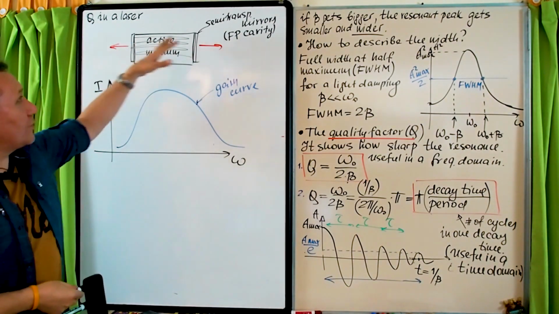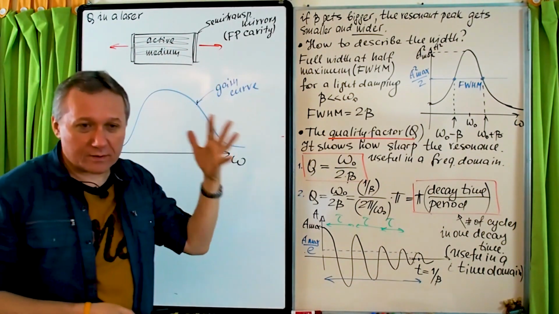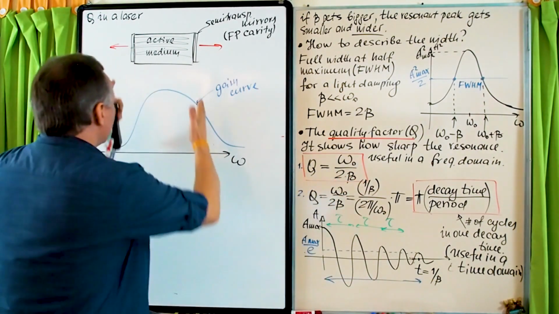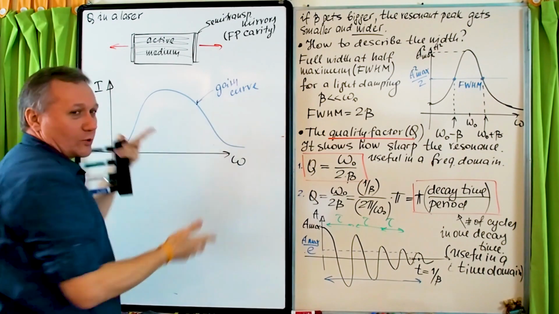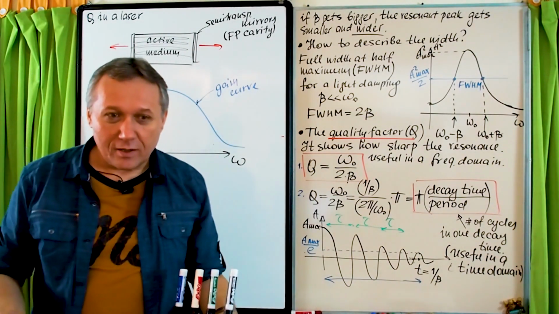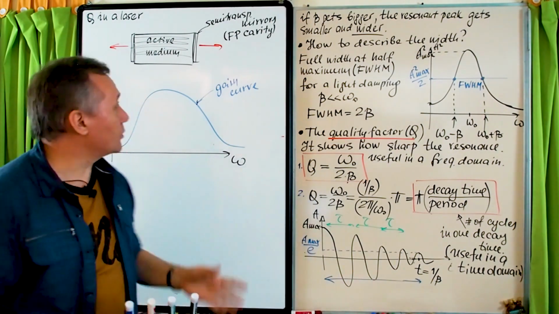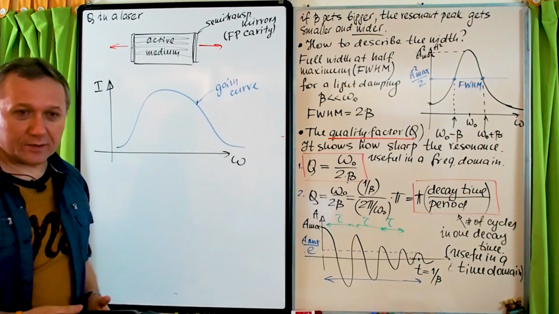This Fabry-Perot cavity has resonant frequencies. It allows standing waves only at certain frequencies. Basically, it allows only light at certain frequencies to exist between the mirrors.